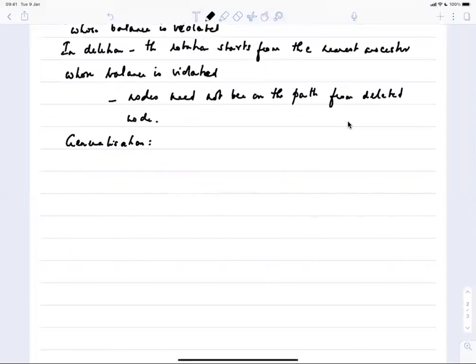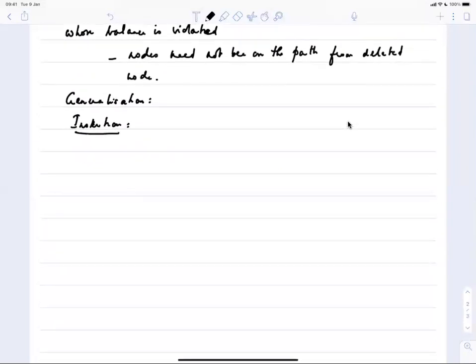So let us look at insertion, and so clearly whatever it is, it's based on whether insertion or deletion. It is based on balance factors of a particular node. Okay, so let's see how we go about this.